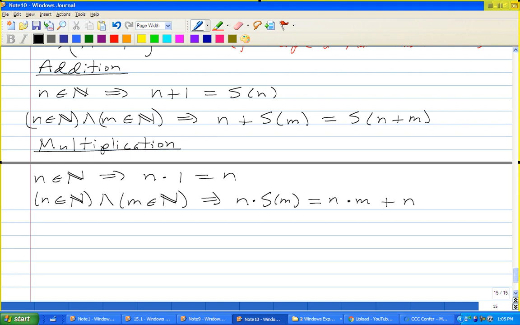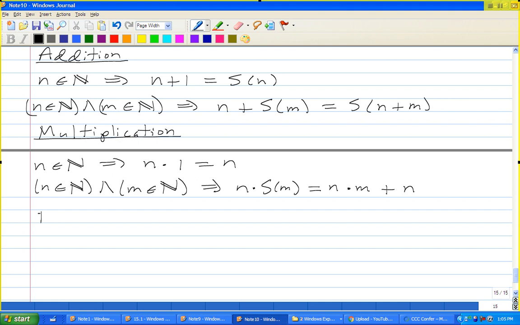And I'll define exponentiation in a similar sort of fashion. So let me assume here A is some natural number, n.